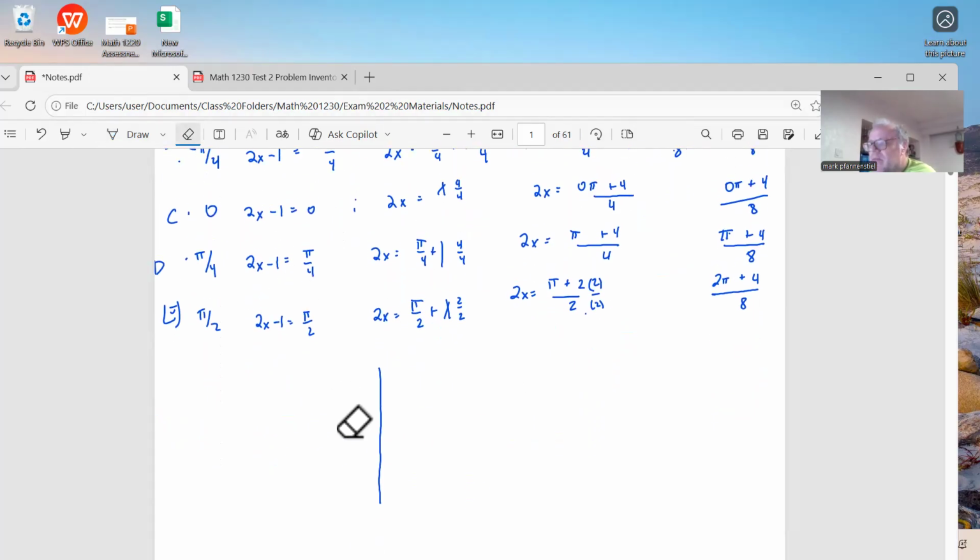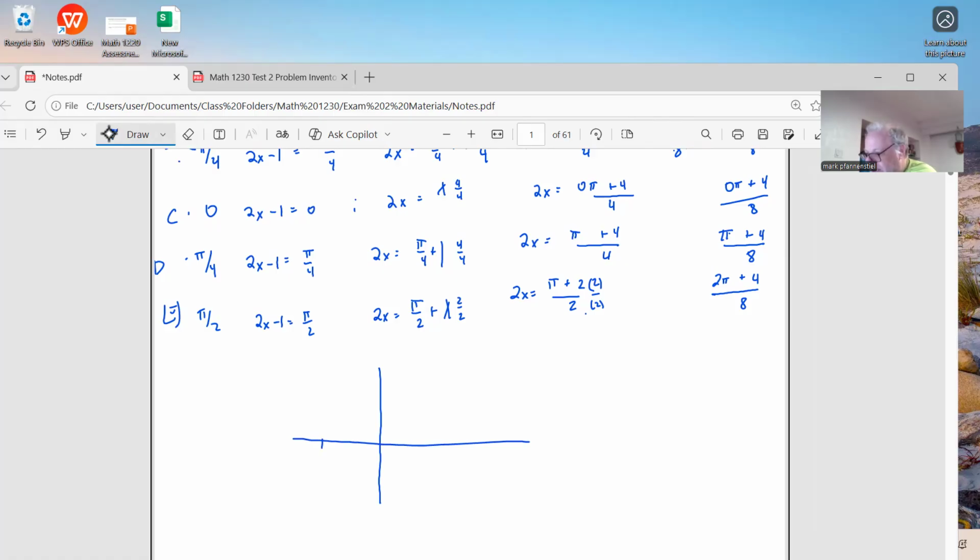We'll make it as pretty as we can with my drawing. So here's my A, here's my B, here's C, here's D, here is E. You could use Roman numerals, 1, 2, 3, 4, that would be fine. But point A, that's my asymptote. Point E, that's also an asymptote.